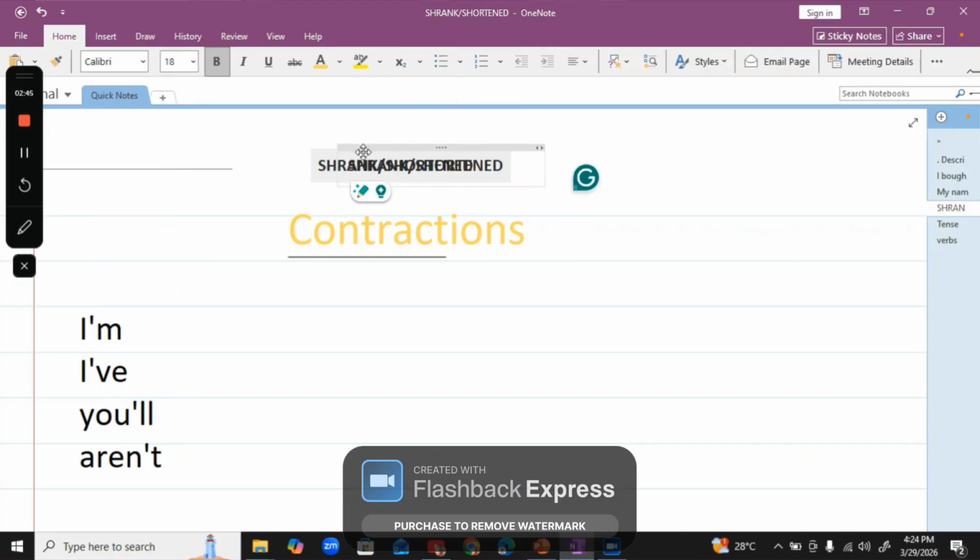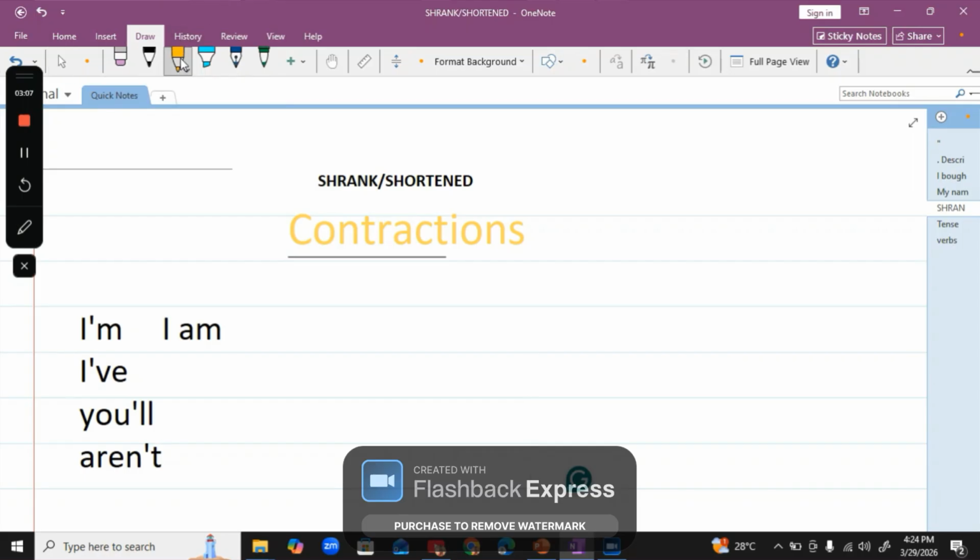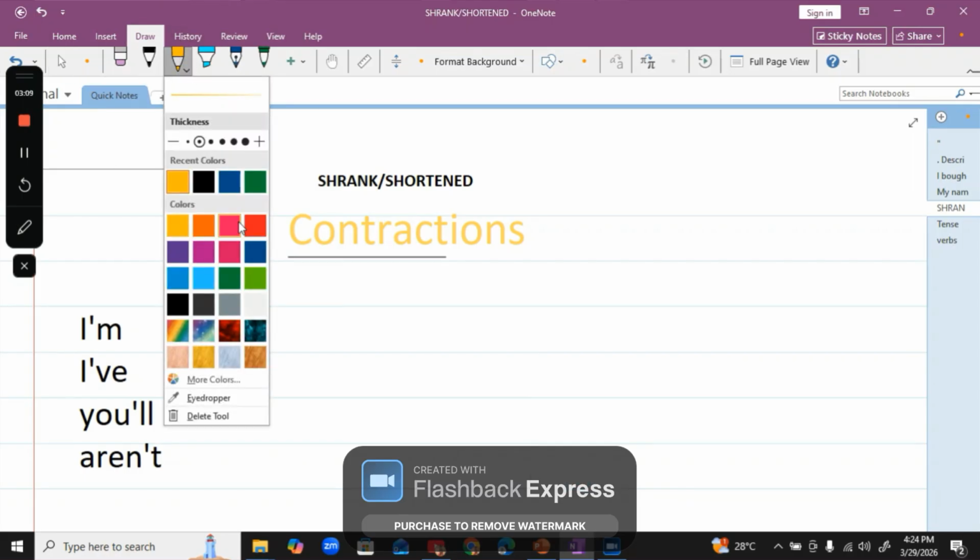What happens is that to join two words, we simply join them in such a way that we eliminate certain letters. For example, if I'm talking about I am, the actual words were I and am. But what did I do?